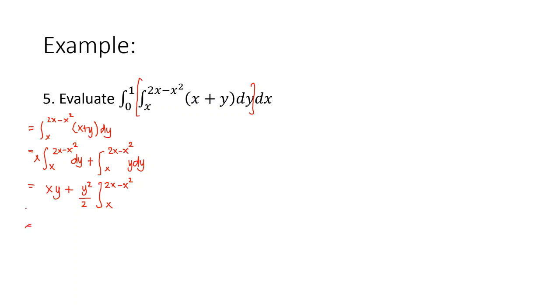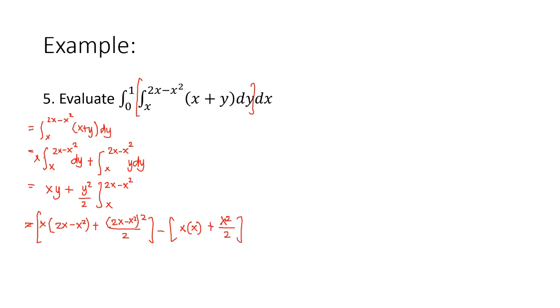And then, we can already substitute that to our equation. So we have x times 2x minus x squared plus 2x minus x squared, all squared, over 2, minus the lower limit, which is x times x plus x squared over 2.